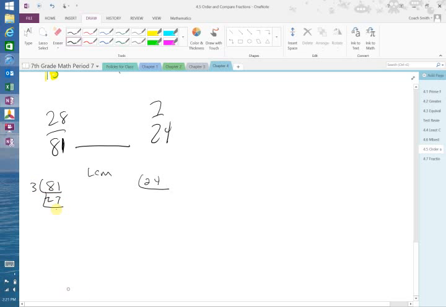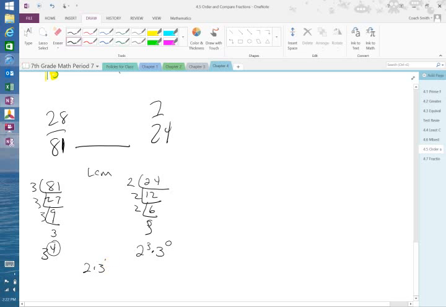That's 27, 9, 3, and 3. So that's 3 to the 4th power. This is 2, 12, 2, 6, 2, 3. So I have 2 times 3. I have 3 to the 4th, and I have 3 to the 1st.